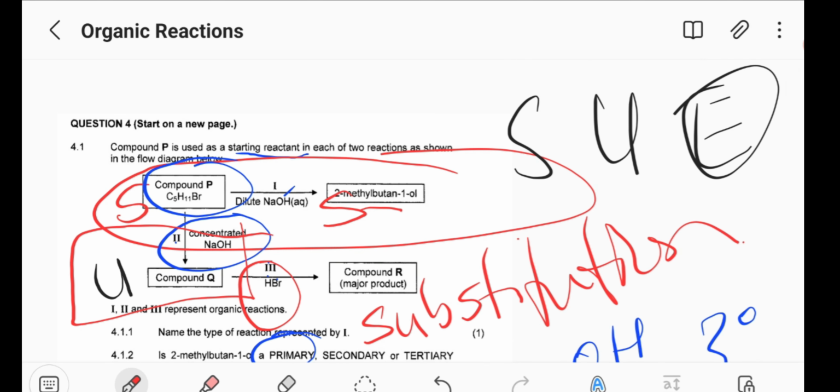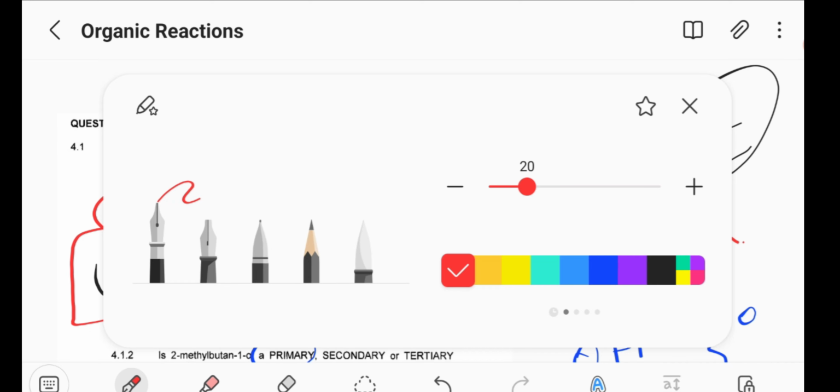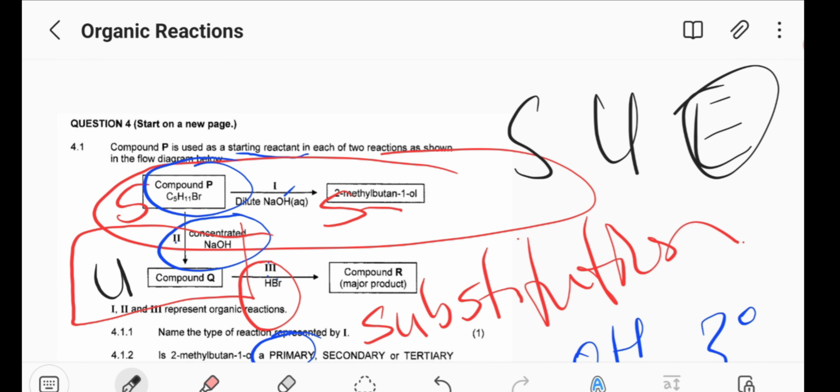If you've gone through the examination guidelines, you'll understand that I'm going to end up with something saturated. I started with something unsaturated, and I end up with something saturated. We will find out how we came to end up with a saturated compound.